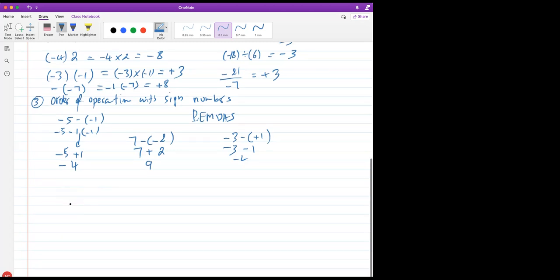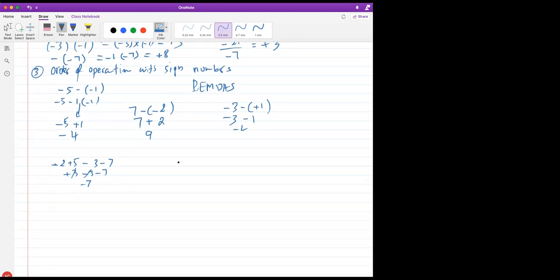Let's do this one first, so it would be plus 3, minus 3, minus 7. Then again, left to right, we do this one first: plus 3, minus 3, these cancel out, and you end up with negative 7. Okay, so do one at a time, left to right. Let's combine some.